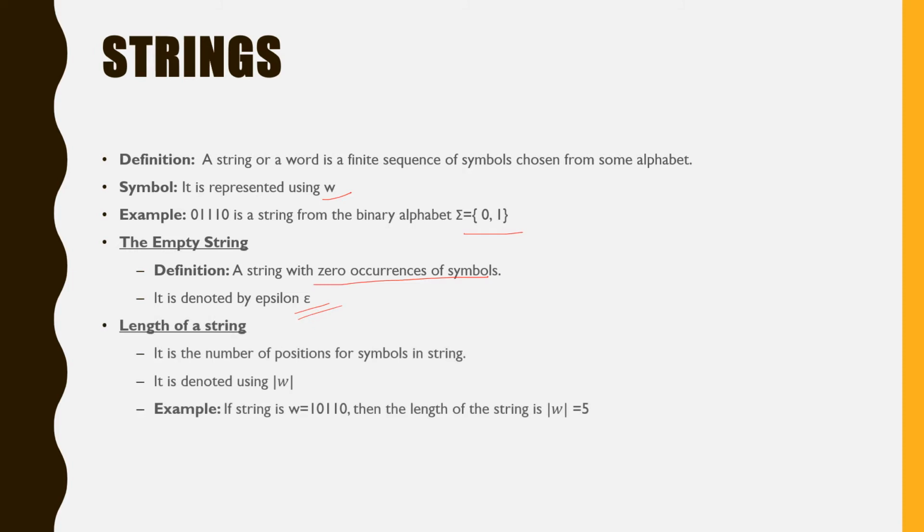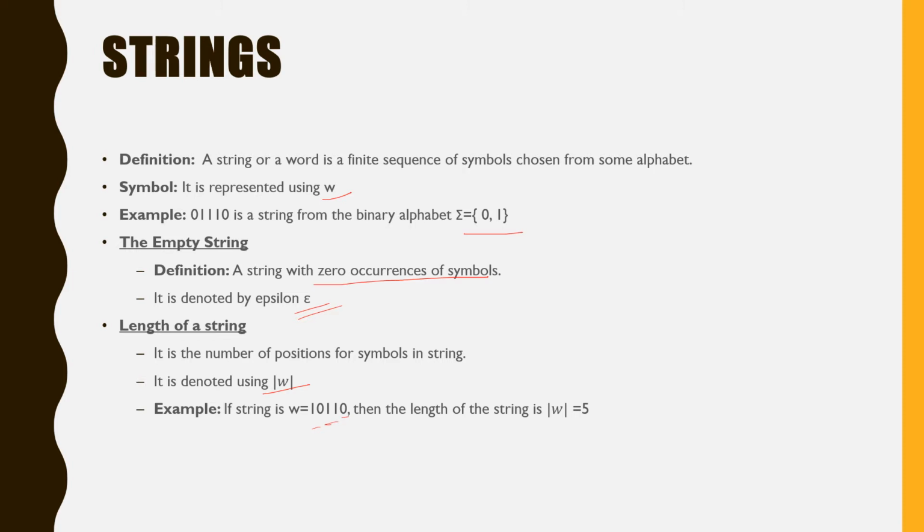Length of a string is the number of positions for symbols in a string. It is denoted using w enclosed within vertical bars. For example, if w is equal to 1 0 1 0 1, then how many positions does it have? 1, 2, 3, 4 and 5 positions.